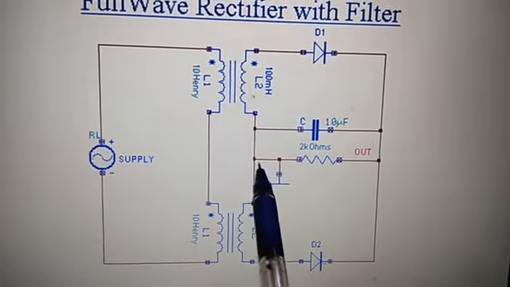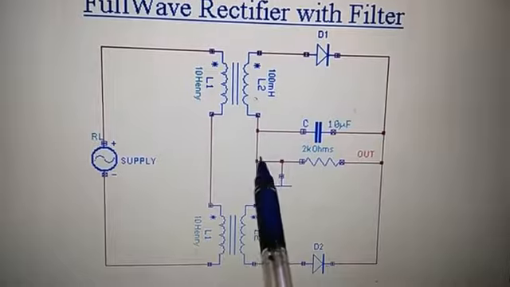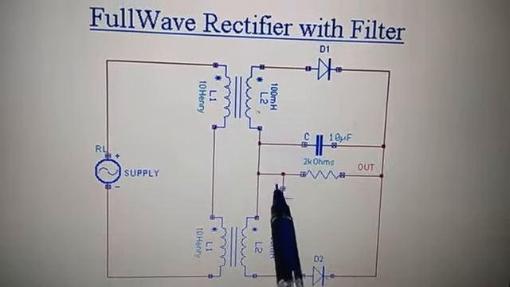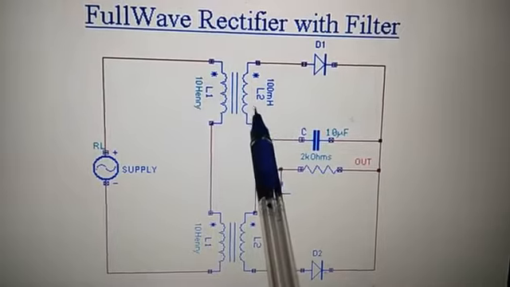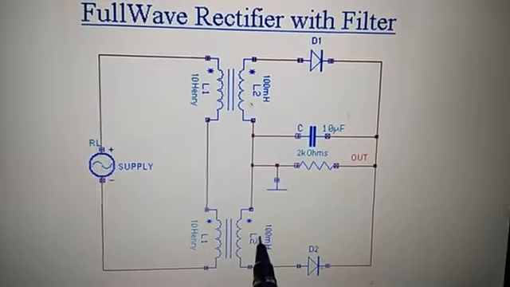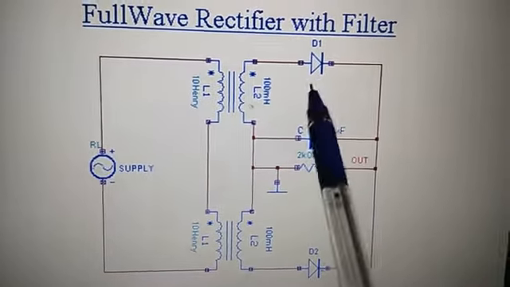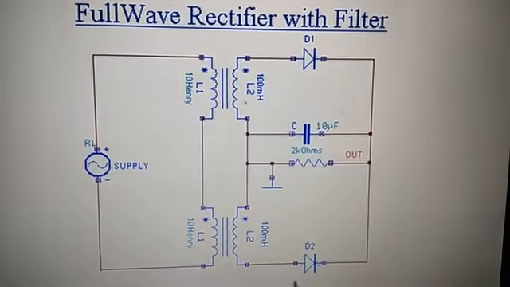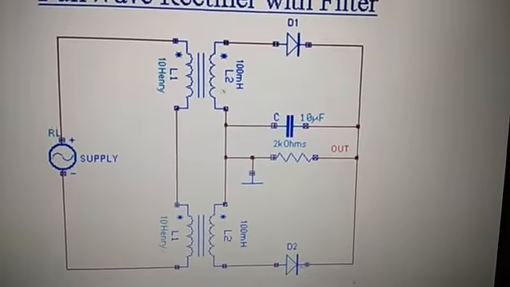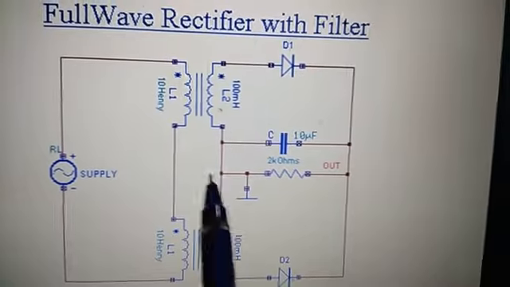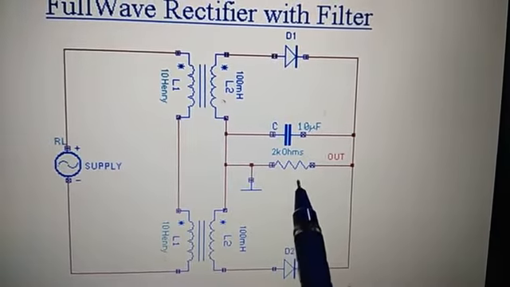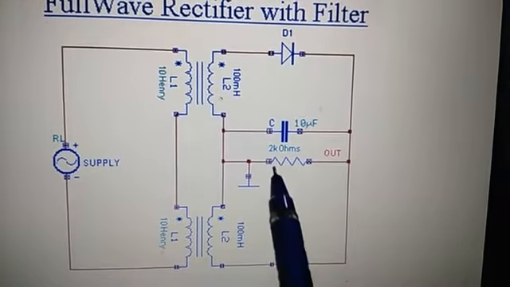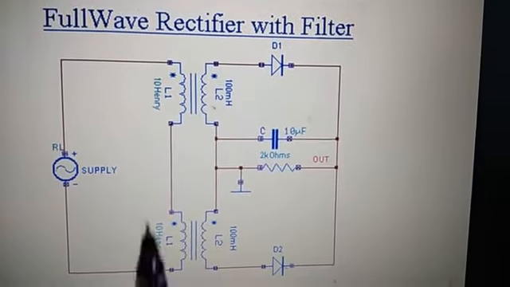This is a center tap transformer, and this is part 1 and this is part 2 of the center tap transformer. One diode is connected to part 1, another diode is connected to part 2. And between these two diodes and the ground, that is the center tap, the load resistance is connected. So this is the full wave rectifier.